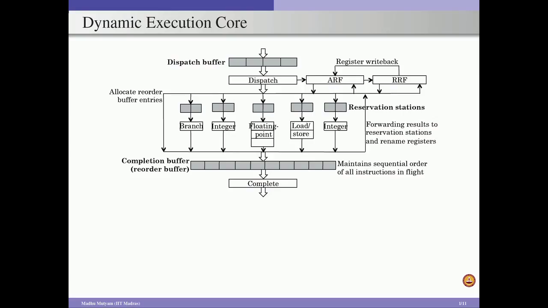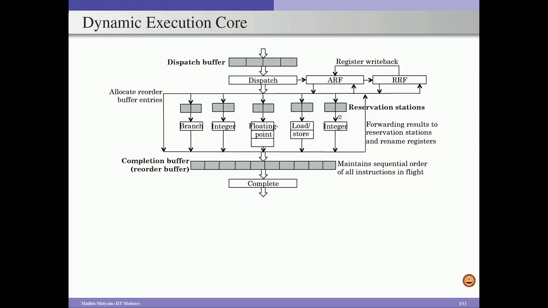So, we take the operands if they are ready and dispatch them along with the instruction to the reservation station. If the operands are not ready, then we will dispatch the register tags along with the instruction to the reservation stations. When the operands are ready, we can read them either from the architectural register file or from the rename register file, and that will be fed to the reservation stations.